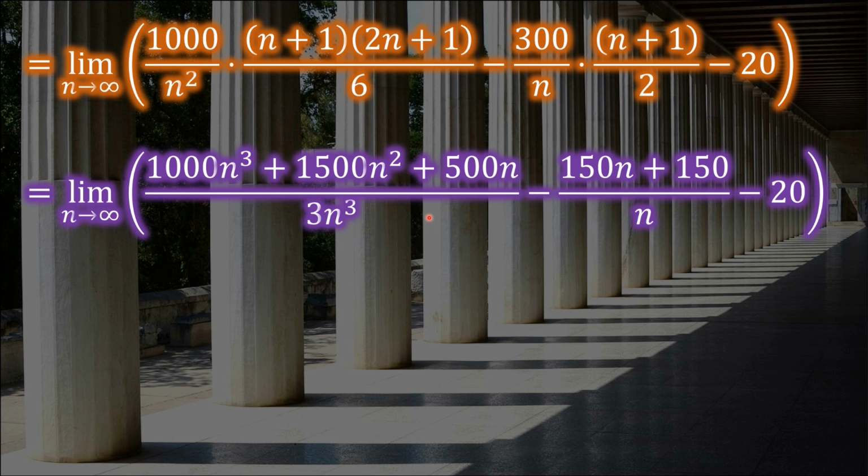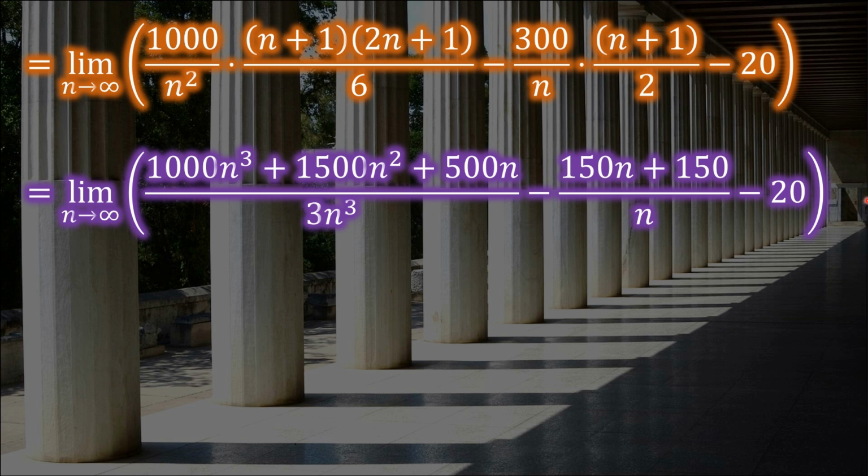Here I've got, taking the limit as n goes to infinity, n cubed on the bottom and the top. My highest degree on the bottom is the same as the top. So here I'm just going to get the ratio of those leading coefficients, 1000 over 3. Same deal over here. I've got n as my biggest on top and the bottom, so I'll get 150 over 1, but don't forget that it's negative.